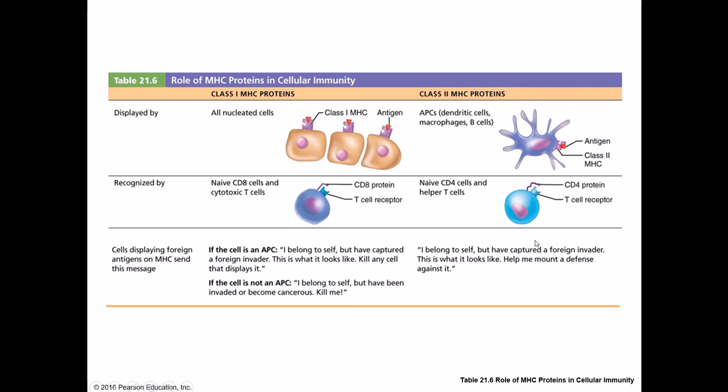And what they're telling the immune system when they are displaying an antigen is that this antigen presenting cell belongs to the body, but it's captured something foreign, and this is what this foreign antigen looks like. Let's band together and go fight it, because that's what our immune system is. They're like the warriors of our body. So that's really how this whole idea of antigen presenting works.